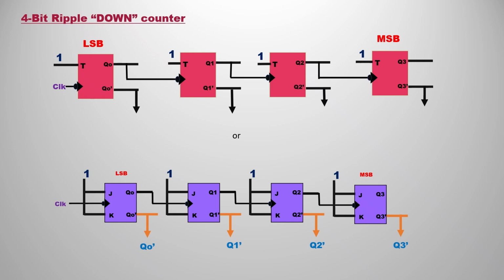If you understand it once, it is very simple. Otherwise, just keep in mind one thing: take outputs as bars and pass the clock as normal. If you remember this, the reverse will automatically be remembered.